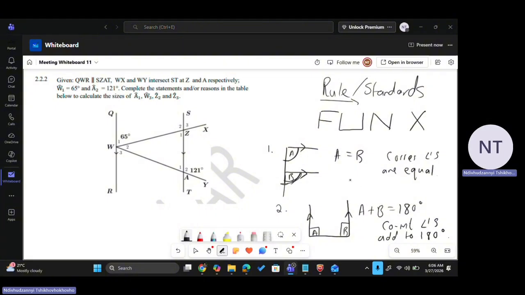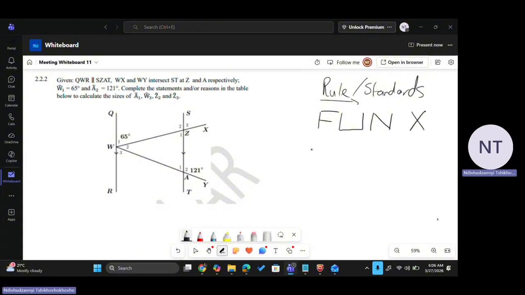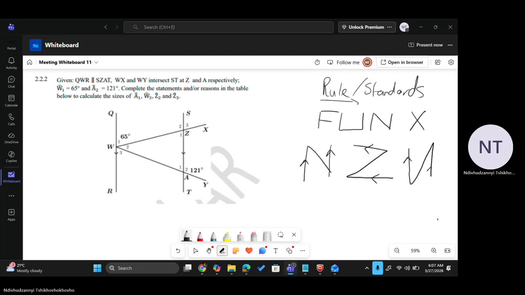Let me add the last two, then we do triangles and we're done. We can start with our exercise. The last guy is N or Z. You can write it either way, right? So if you have parallel lines, then you know these two angles.